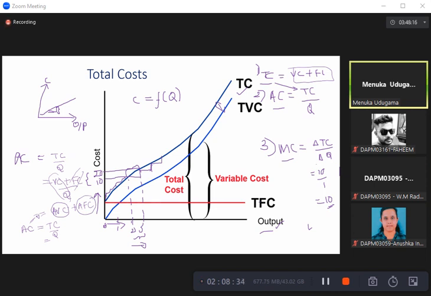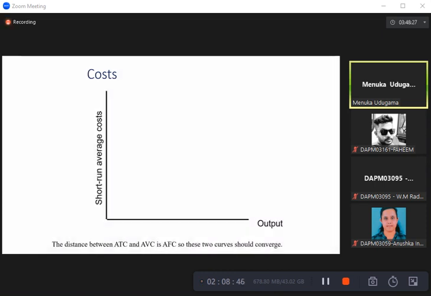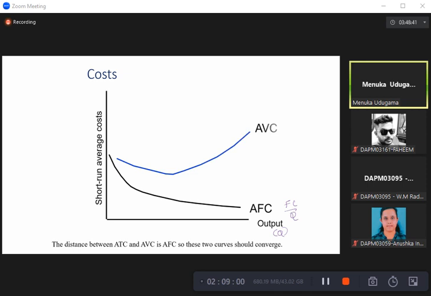So now let's plot these on a curve. If you plot the curves, marginal cost, average cost, average variable cost, average fixed cost, how will these costs look like? Right. Now this is the average fixed cost, which is fixed cost divided by output, divided by Q. And average variable cost is very simply variable cost divided by Q. Right? So what do you see?